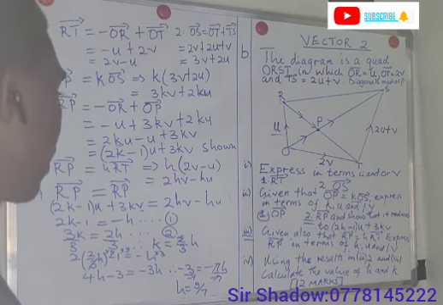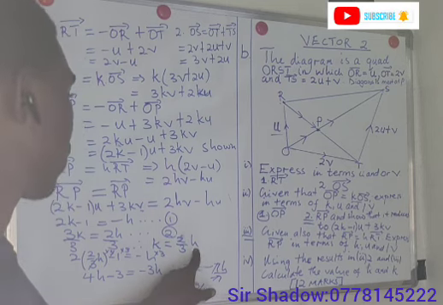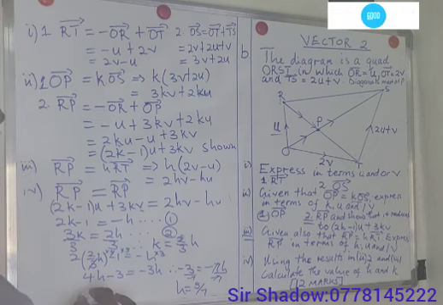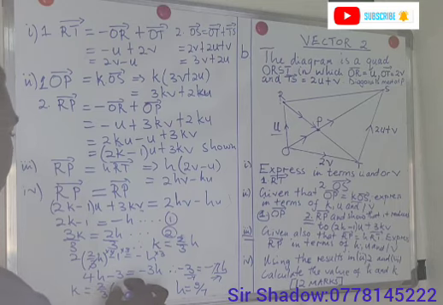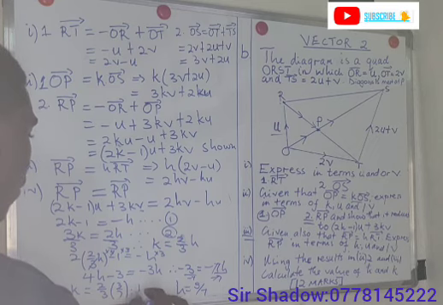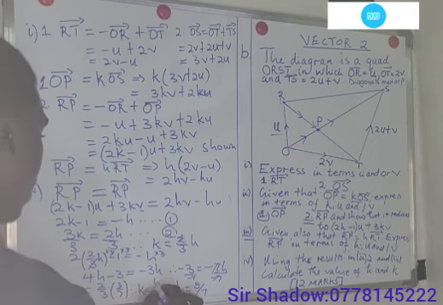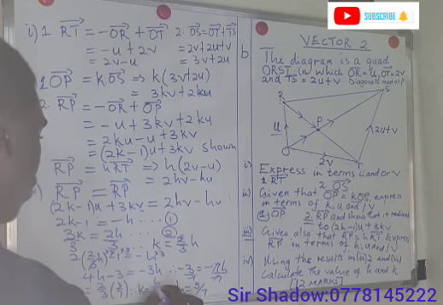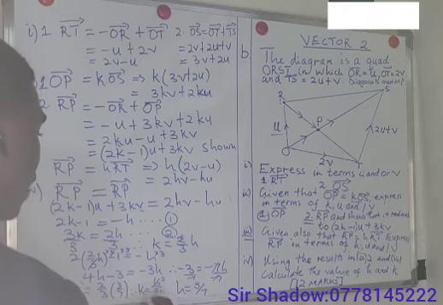So substituting h is equal to 3 over 7, we want to find the value of k. So k is equal to 2 over 3 multiplied by 3 over 7. Therefore k is equal to 6 over 21, divided by 3, which is 2 here, divided by 3, which is 7.